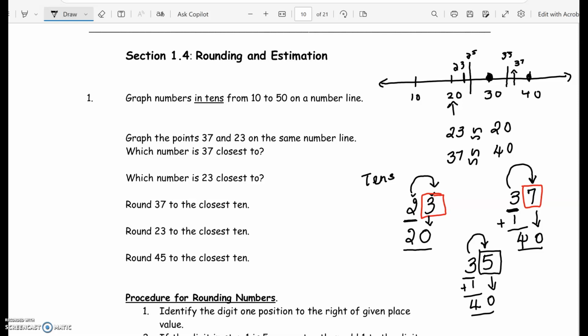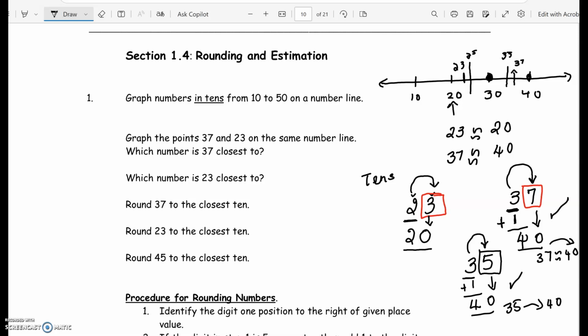Now, rounding up means adding a 1 to the tens place, like we did in the second and third example. It's called rounding up because 37 is rounded to 40, which is greater than 37. That's why we call it rounding up. 35, when rounded, becomes a 40, which is greater than 35.